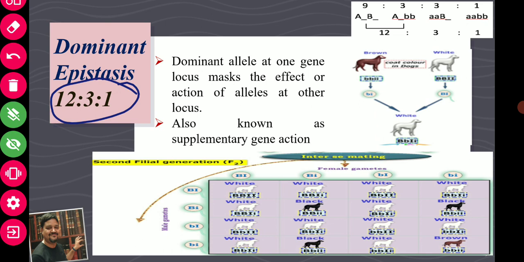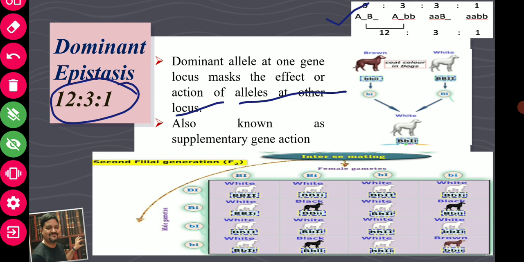So here what we have to observe is that a dominant allele at one gene locus masks the effect or action of alleles at another locus. There, the recessive gene was blocking the action, but here the dominant allele will mask the action at another gene locus. So in this example you can see how things are changing.